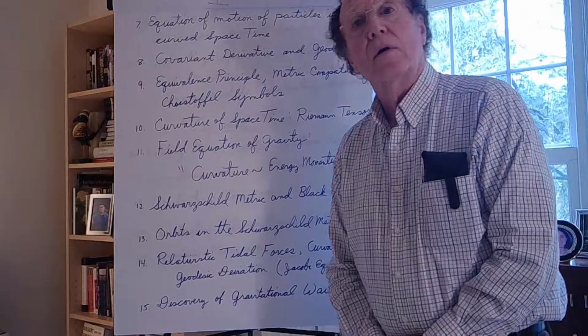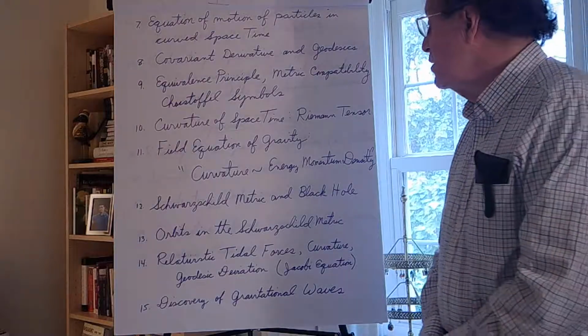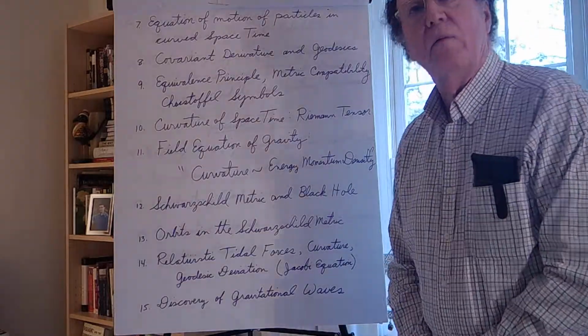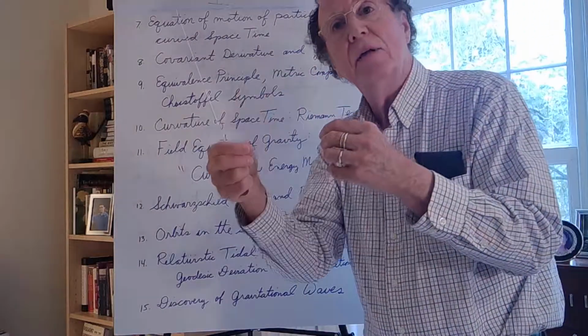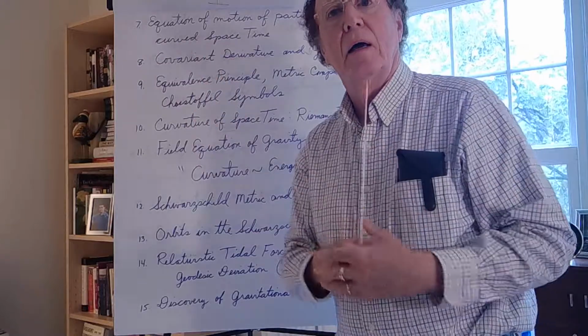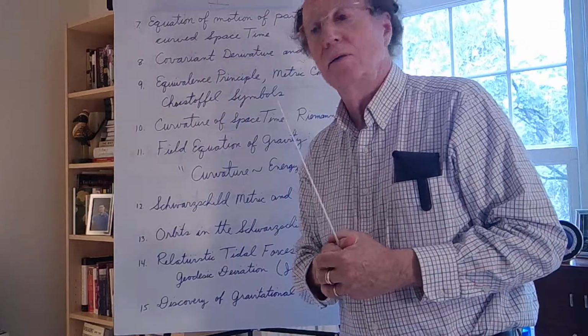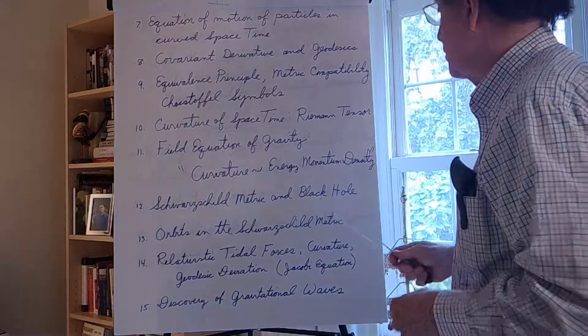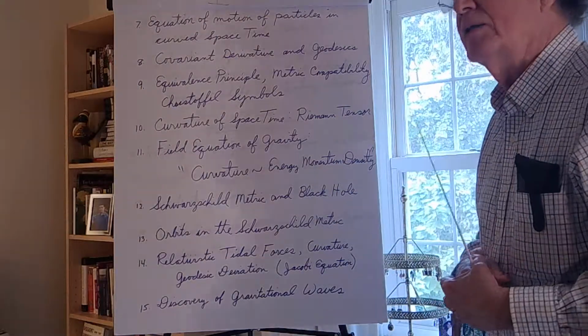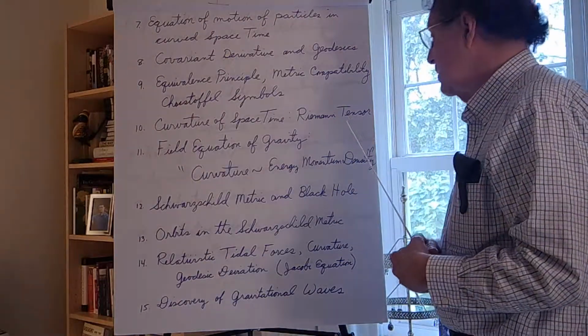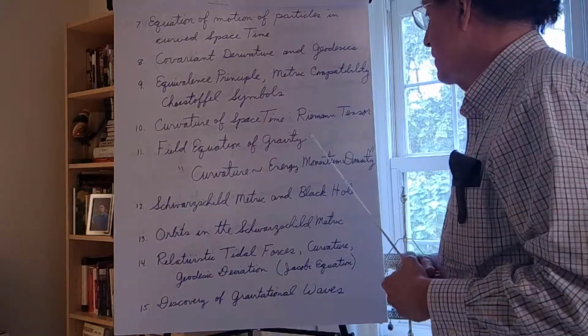Okay, you'll create a region of space-time from which bodies can enter, but never come back to the outside world. That's called black holes, and we want to see how they work and study their properties from several different perspectives.